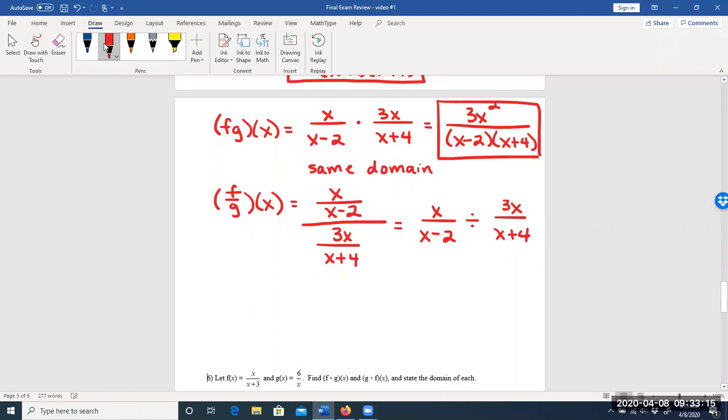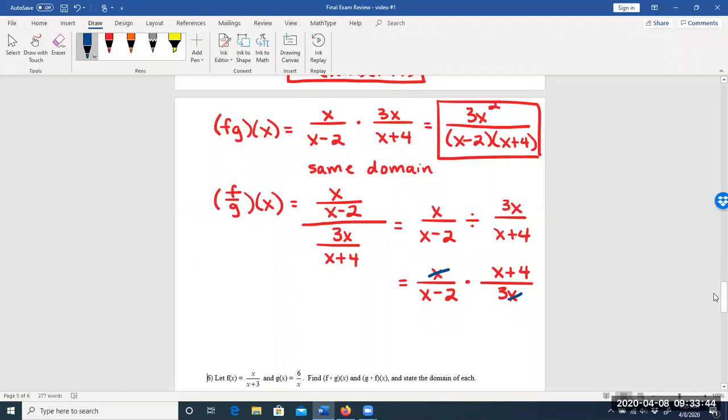And we know it's the same thing as then multiplying by the reciprocal of the second fraction, which in this case is the function g. We do want to simplify, and the one thing that we can do to simplify is we can cross-cancel an x.